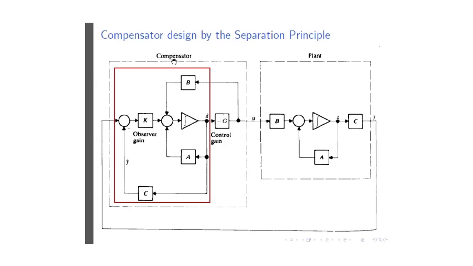The compensator, for the case of the regulator, only has a single input, which is Y, the output of the plant. And it has a single output, which is U, the input to the plant. Okay, so take careful note of this.